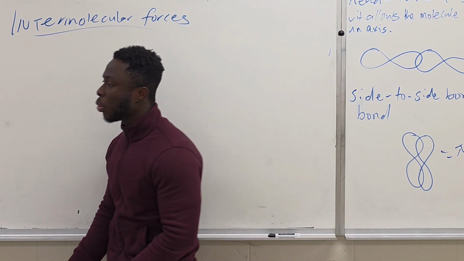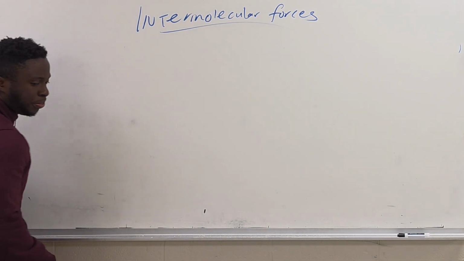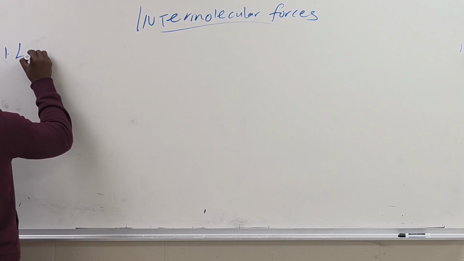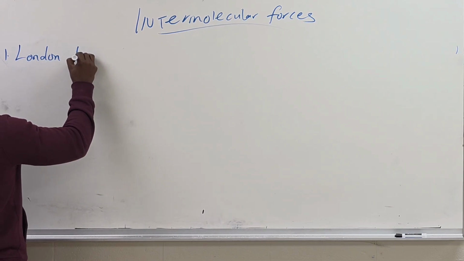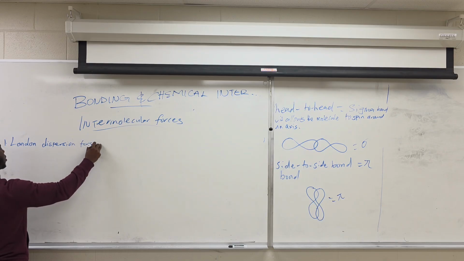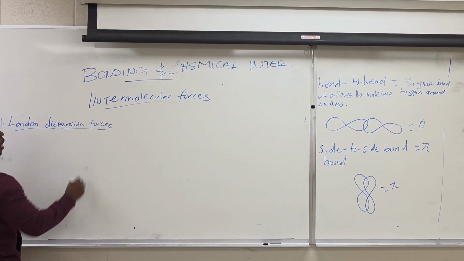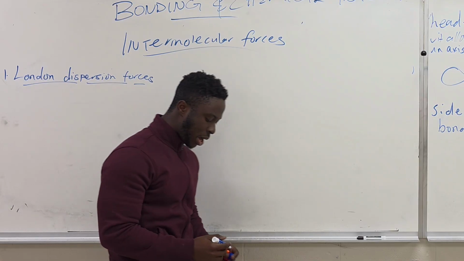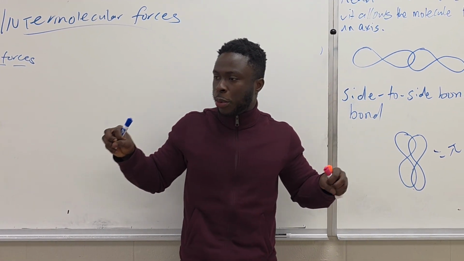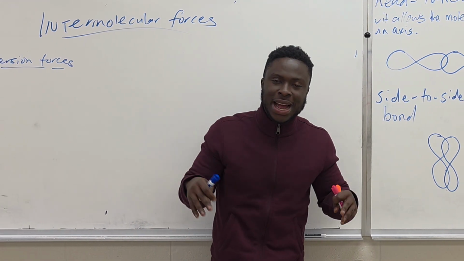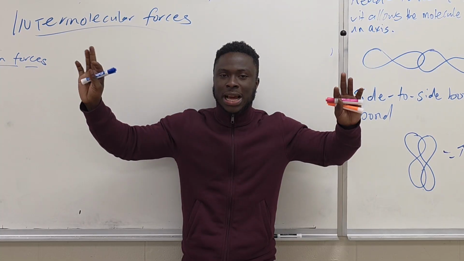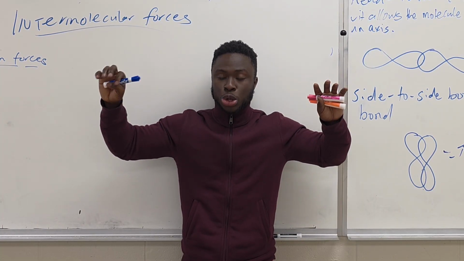So the first one we are going to talk about over here is what we call London dispersion forces, right? Now, when we talk about the London dispersion forces, what we mean is that it is a type of ripple effect that happens in the molecule and it spreads around, causing other molecules to also become polarized.